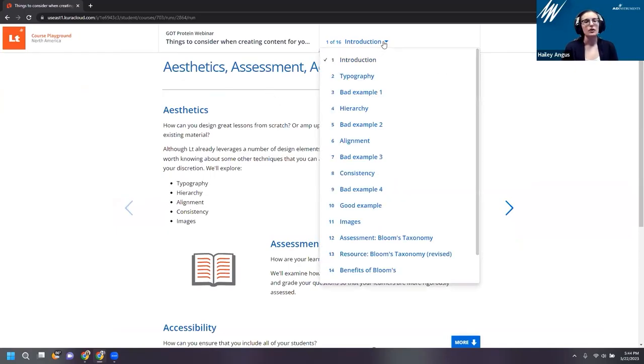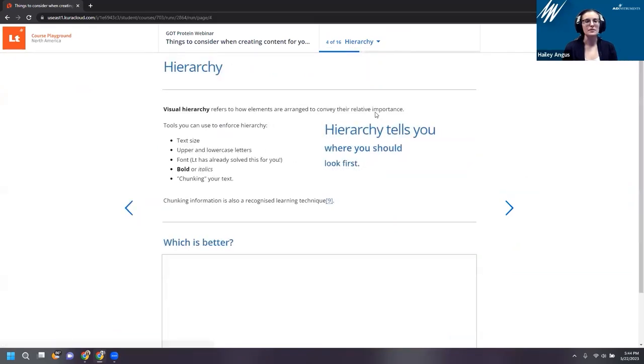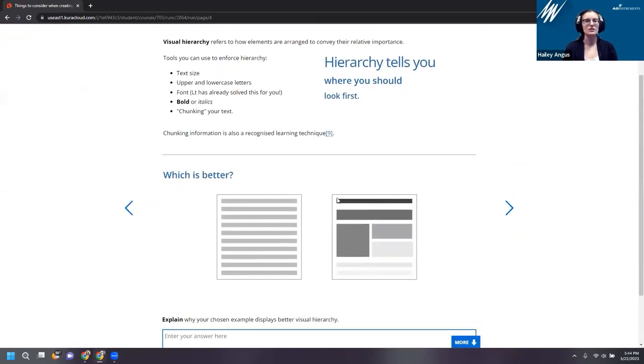And I'm not going to go through every single example that we have, but you can see the subjects here: typography, hierarchy, alignment, consistency. And I really like the examples that it shows you because it can give you this idea of what the content does or doesn't do depending on how you format it. So if you create content that's very linear and single-minded, it's kind of like listening to a monotone presenter.